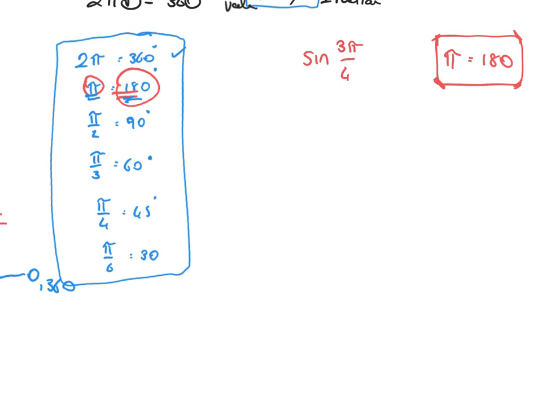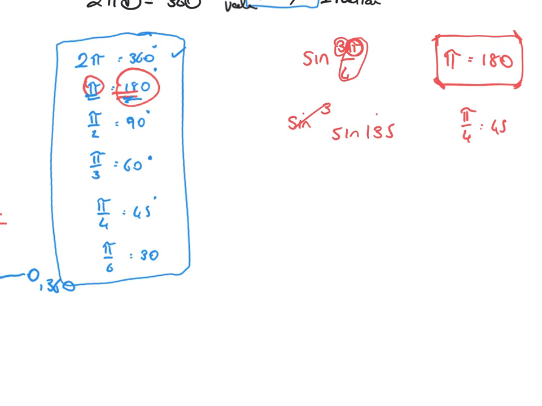So sine 3 pi over 4 is sine of, well, pi is 180. Now, what's pi over 4? 180 divided by 4, that's 45. So there's pi over 4, 45, times that by 3, sine 135. So you look to make the transition between radians into degrees.